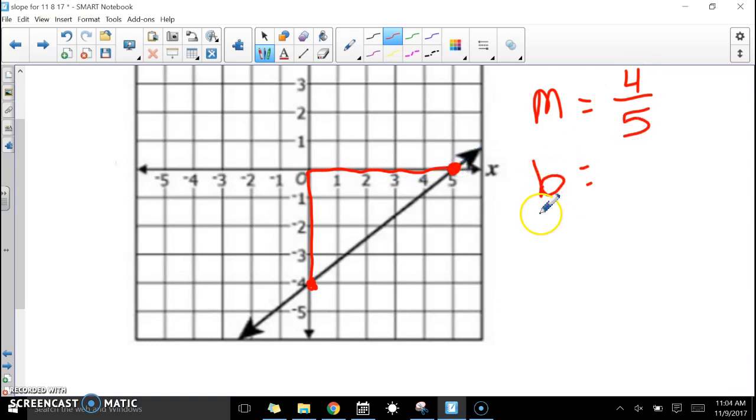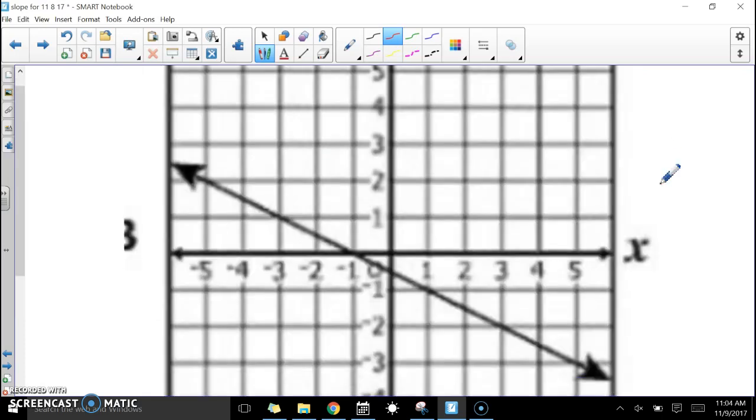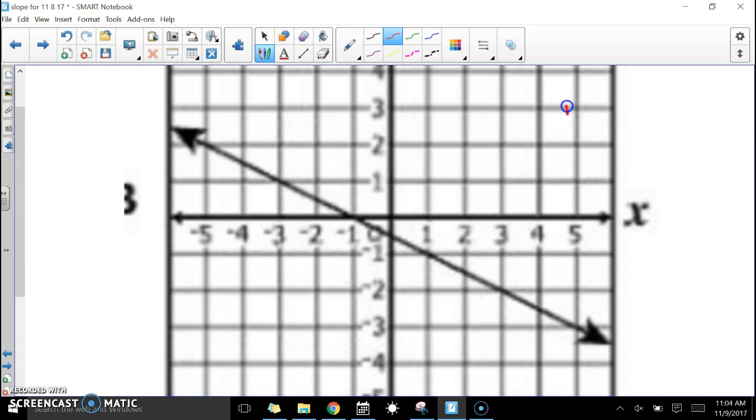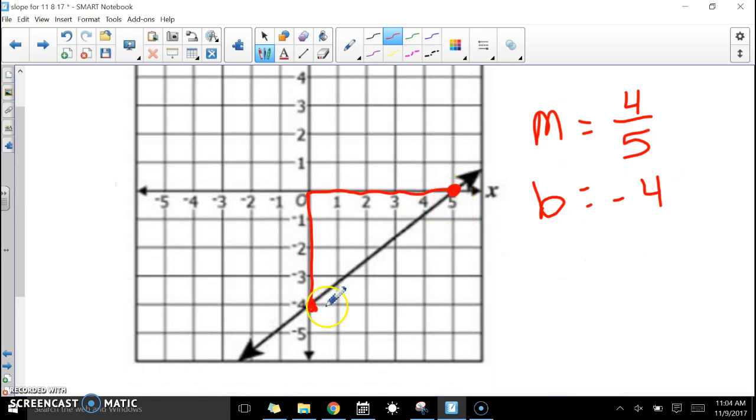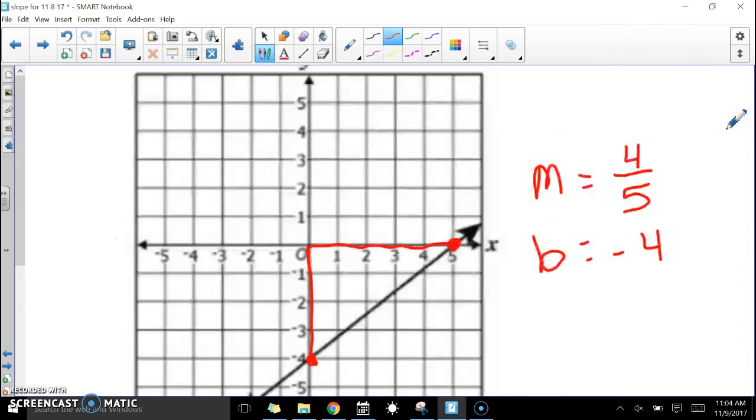And my y-intercept, which is b, is just negative 4. Oh, this was a positive slope, so that's why I kept it as positive 4 over 5. Don't forget to ask yourself, is the slope positive or negative? And if you can reduce it. I can't reduce 4 over 5.